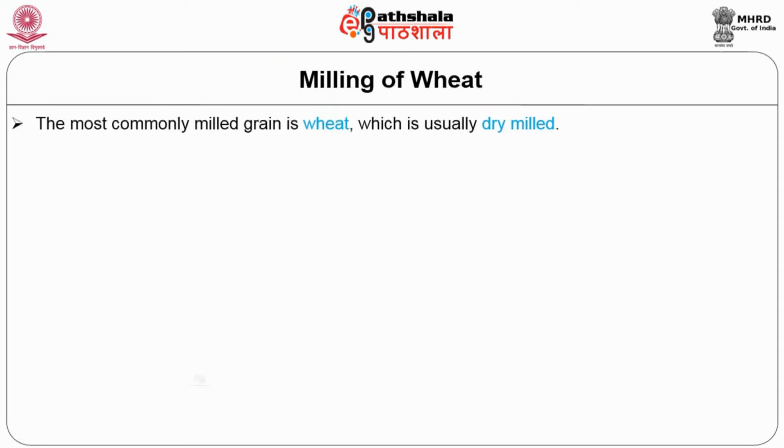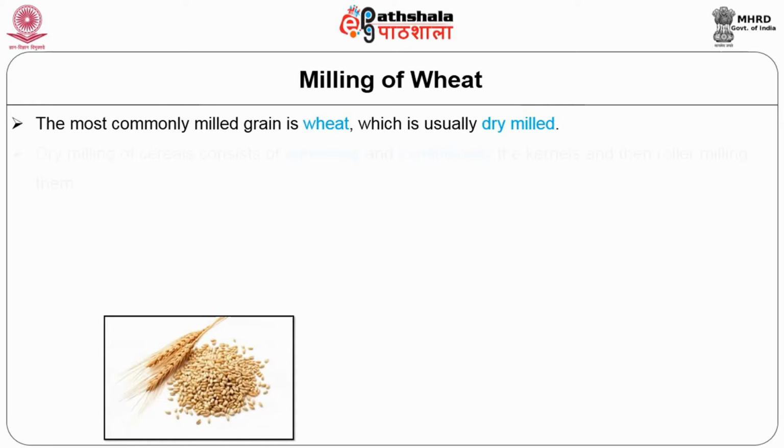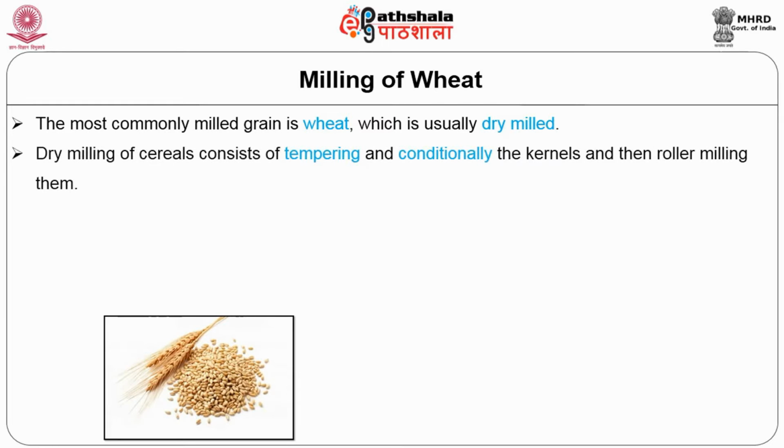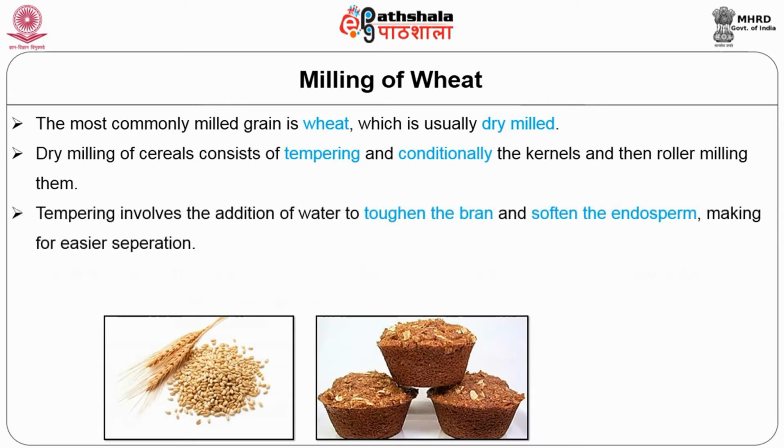The most commonly milled grain is wheat, which is usually dry milled. Dry milling of cereals consists of tempering and conditioning the kernels, then roller milling them. Tempering involves the addition of water to toughen the bran and soften the endosperm, making for easier separation.